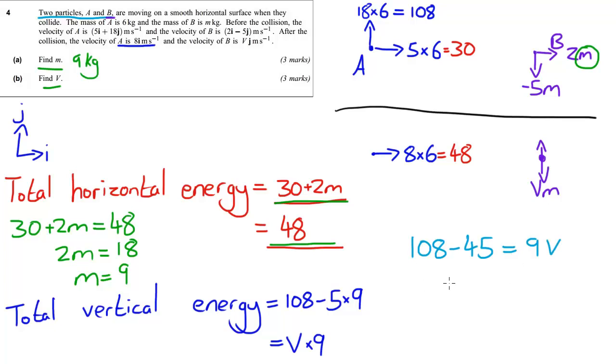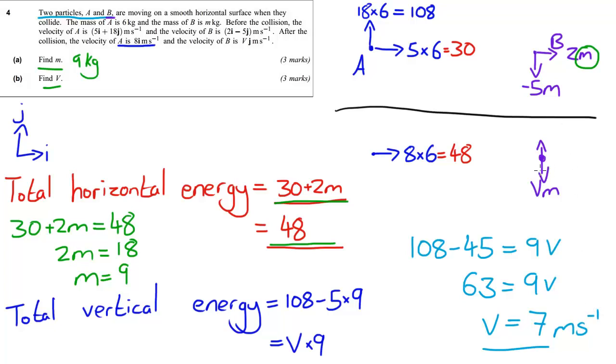What is 108 minus 45? That is 63. So 63 is equal to 9v, which means that v is of course equal to 7. So 7 meters per second there.